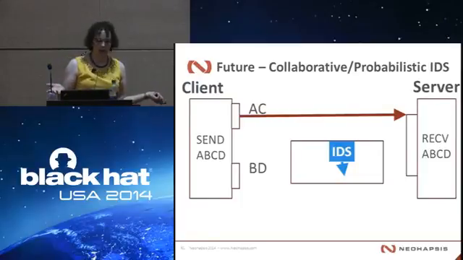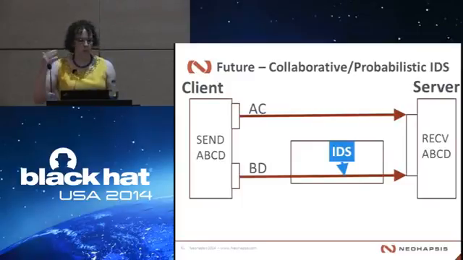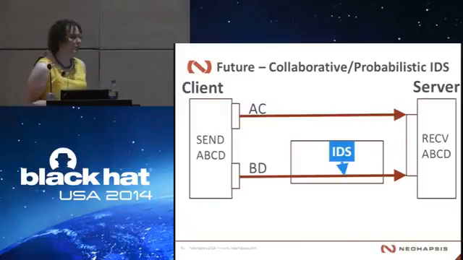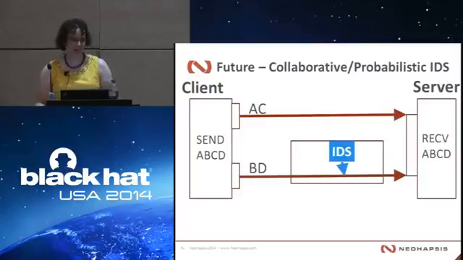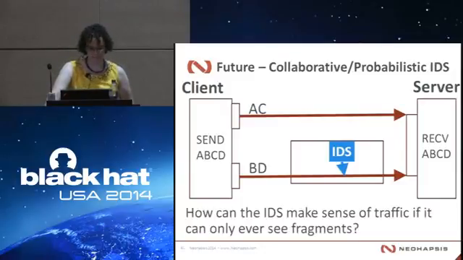It's not going to see traffic going across the other path, and it's going to see part of the traffic going across its path. If I'm sending ABCD, maybe I'll only see BD. What do you do as an IDS? There are many approaches to do that, but there are a lot of questions. Do you do some sort of probabilistic thing, some sort of similarity thing? I don't know. And that's the sort of thing we need to look into as an industry and as a discipline. Because it doesn't make sense when you see this traffic.